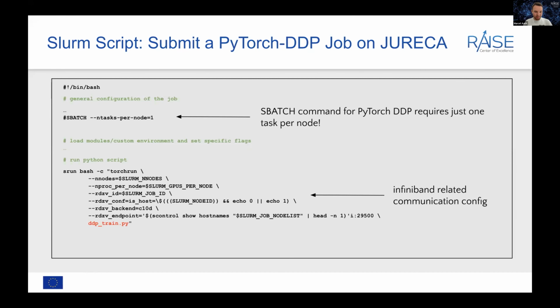I would say it's probably best to not try to mess with these things, as we have found they work quite well. So usually we just copy and paste this and then insert the name of the Python file, and that's basically it.